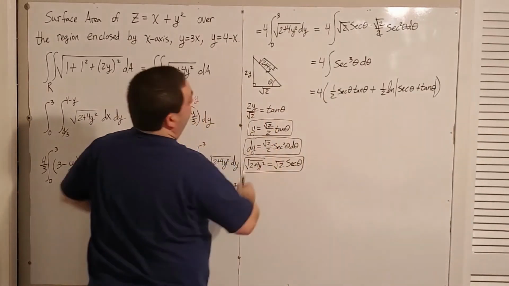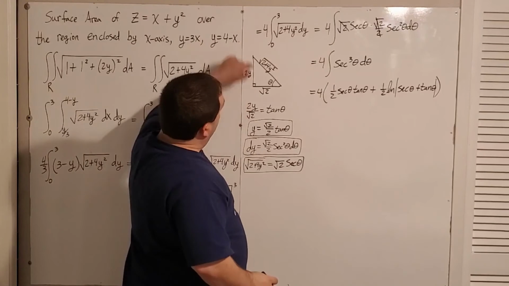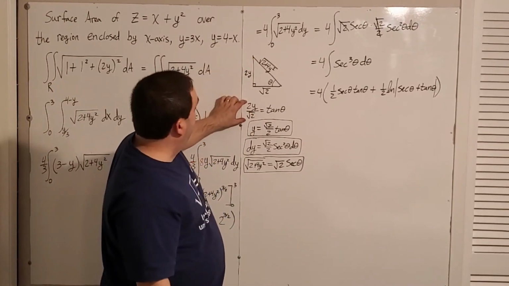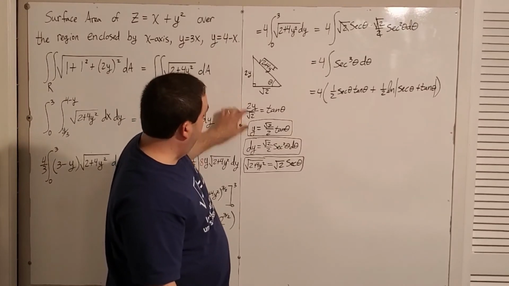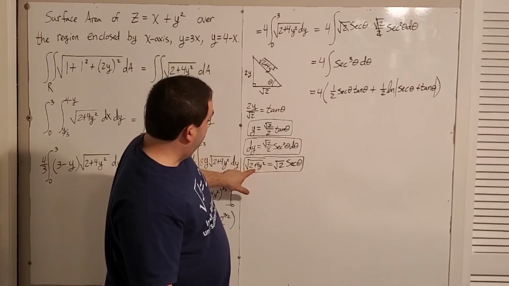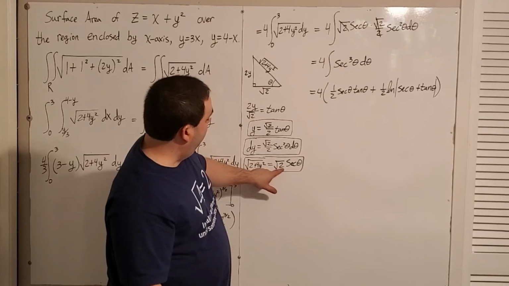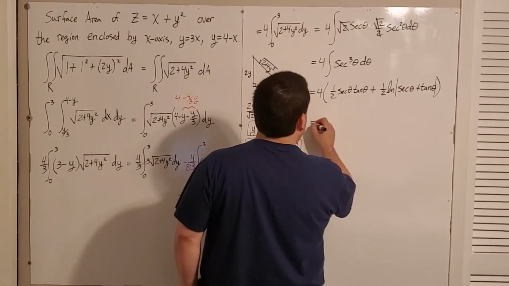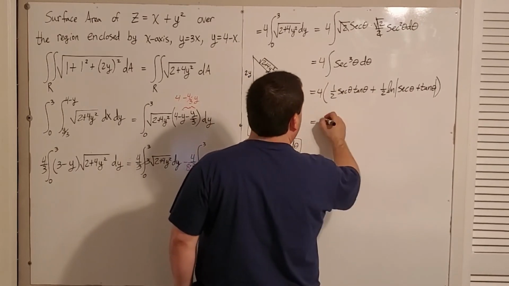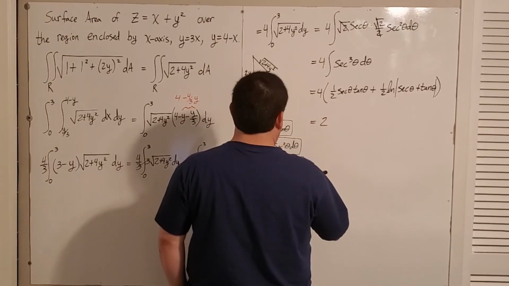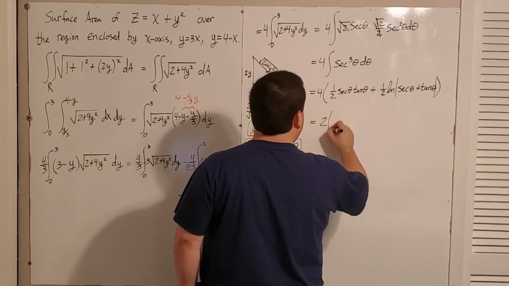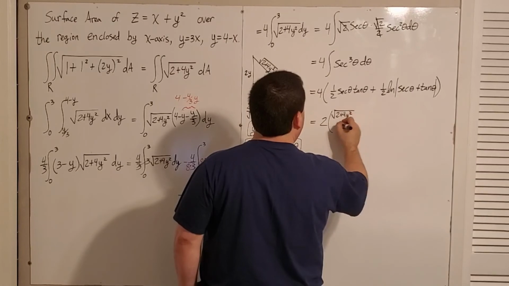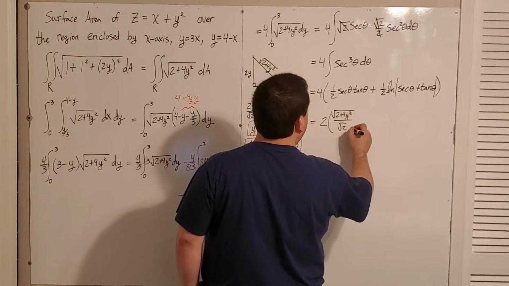So if you just come back over here and notice what those are equal to, right? Tangent theta is 2y over square root of 2, right? And secant theta is square root of 2 plus 4y squared over square root of 2. Okay? So 4 times 1/2, I've got 2. Secant theta is square root of 2 plus 4y squared over square root of 2.